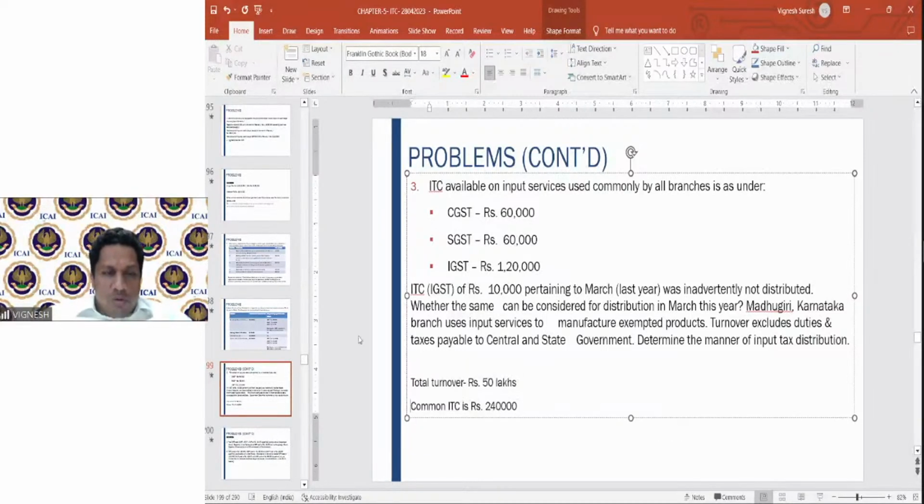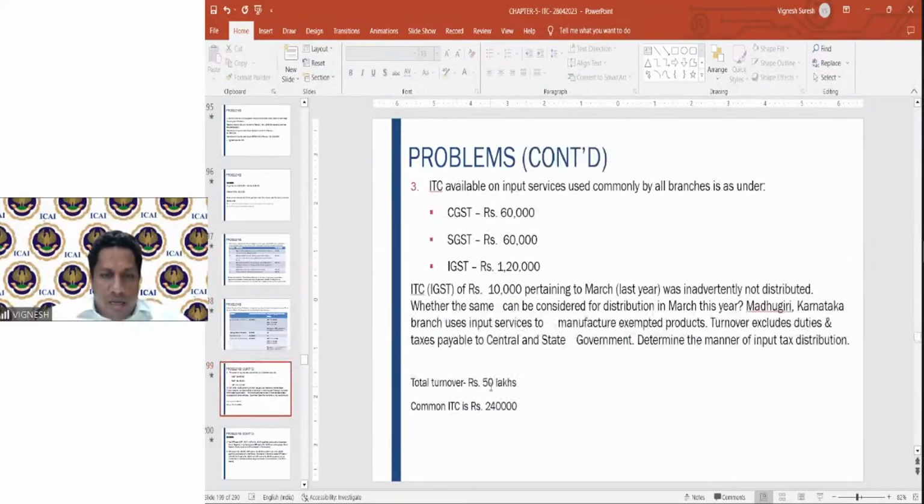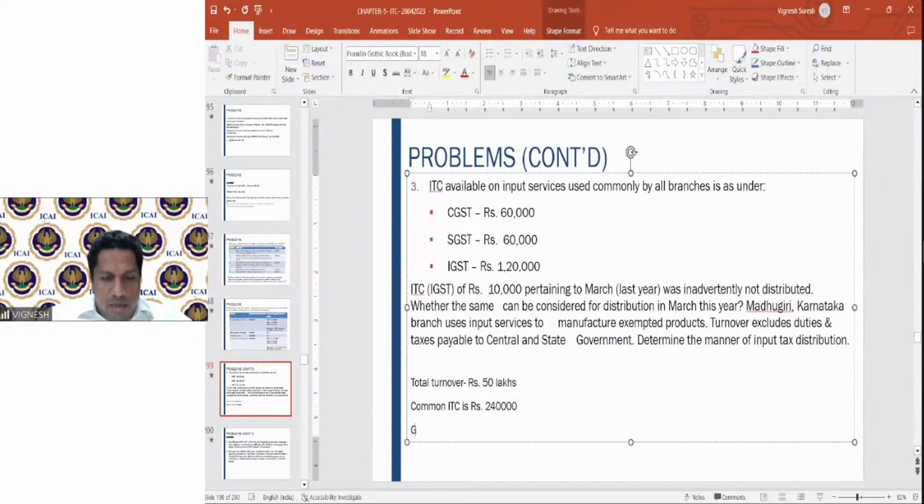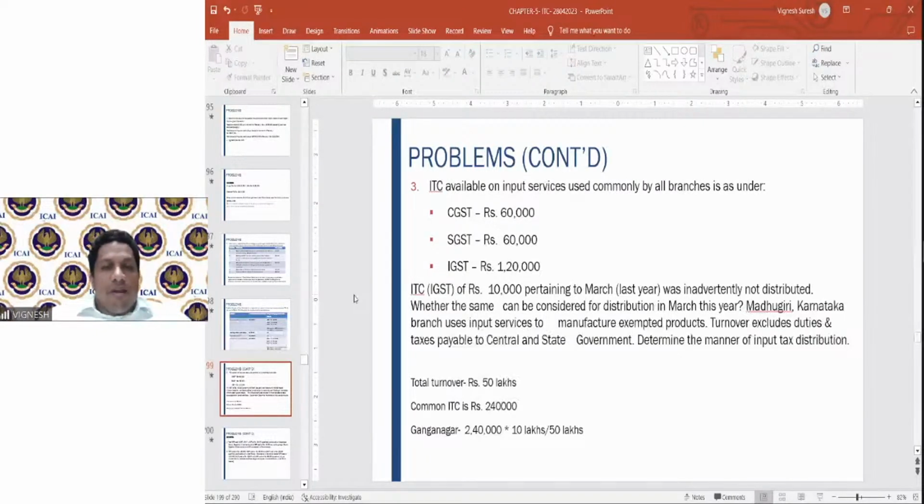So how much will go to our Ganganagar? Based on the turnover: 2,40,000 into 10 lakhs by 50 lakhs, so 1 by 5.